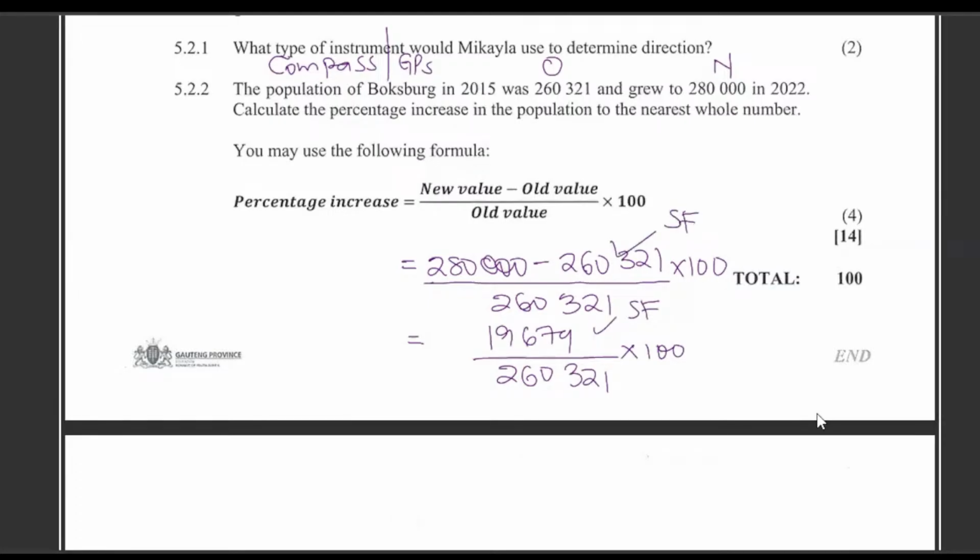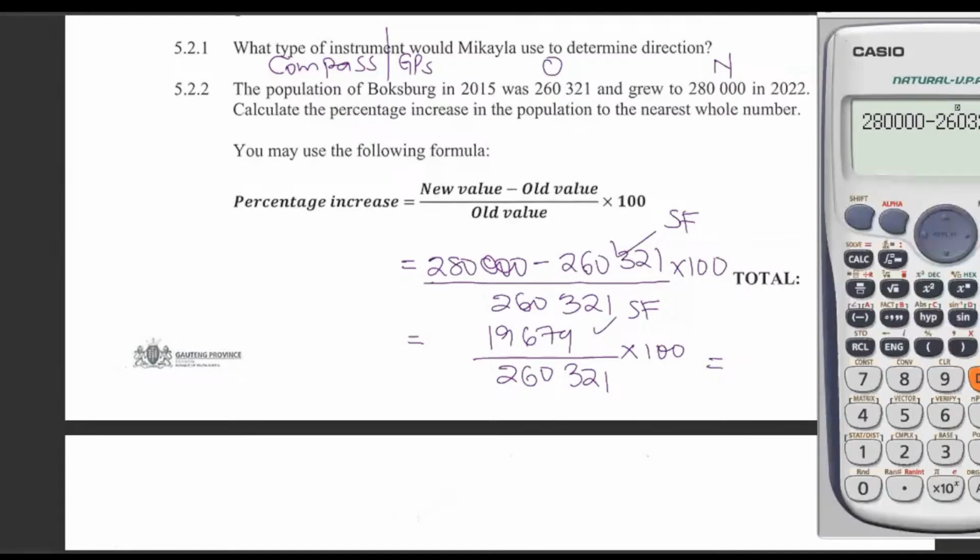Then multiply by 100. So your final answer becomes 19,679 divided by 260,321 times 100.